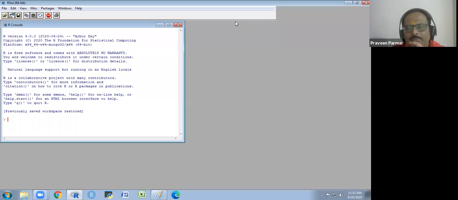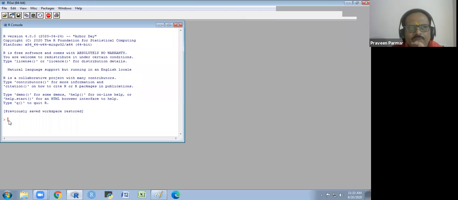Are you getting my window on your screen? Okay. So this is the graphical user interface. This is R version 4.0.0. The latest version is 4.0.2.